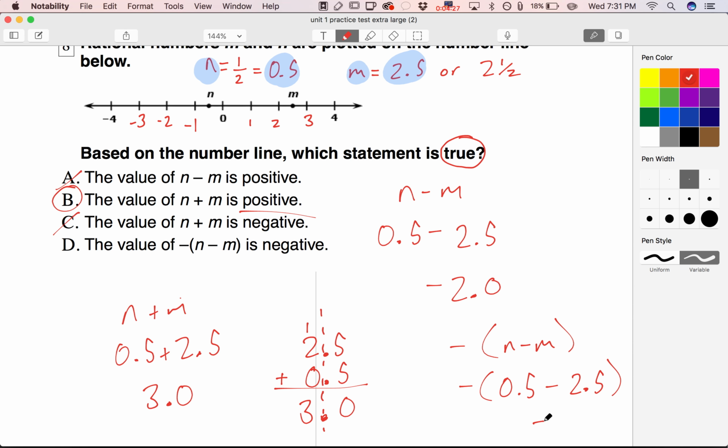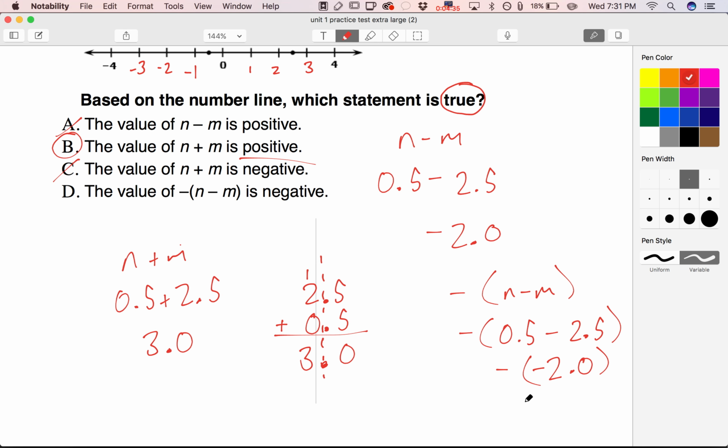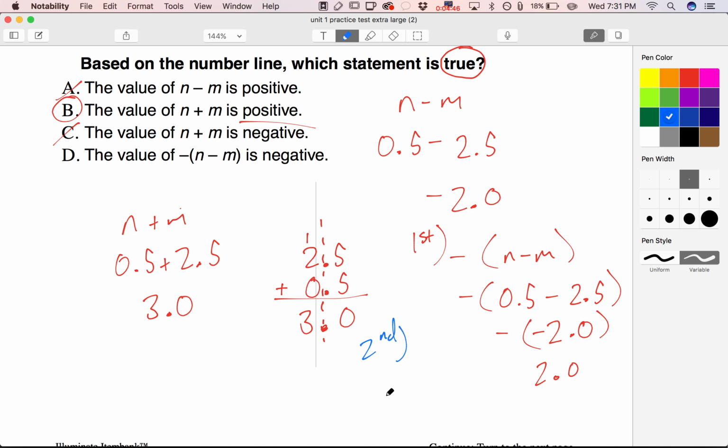Do the parentheses first, get that this is negative 2.0, and then have the negative on the outside, distribute it in, and you get that it was 2.0. That is the first way. Let me show you the second. The second way is a little trick, but it saves you a lot of time because we actually already solved for this. So what is negative, or actually no, we didn't solve for it yet. I take that back.